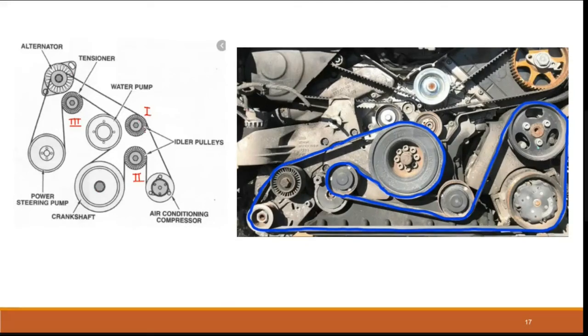And you have another idler, and it's also connected to your AC compressor, right? So these are all connected in your engines. So you have one crankshaft, one driver, and four applications.